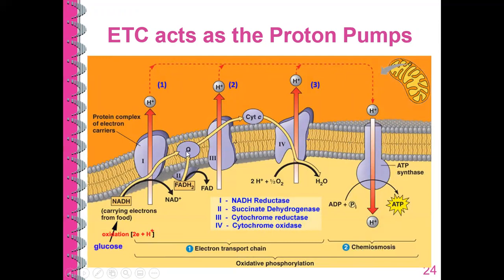So when electrons are being transferred from one electron carrier to the next, can you see that now this electron carrier is pumping the proton, pumping the proton, pumping the proton. Okay. So the ETC acts as the proton pumps when electrons are being transferred along the ETC.